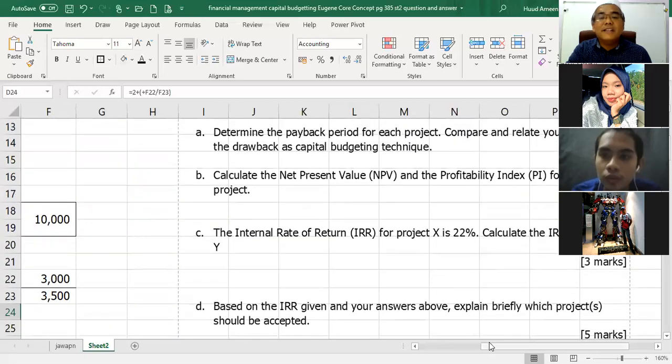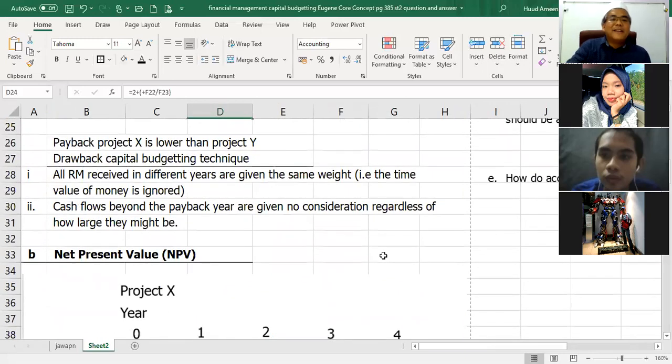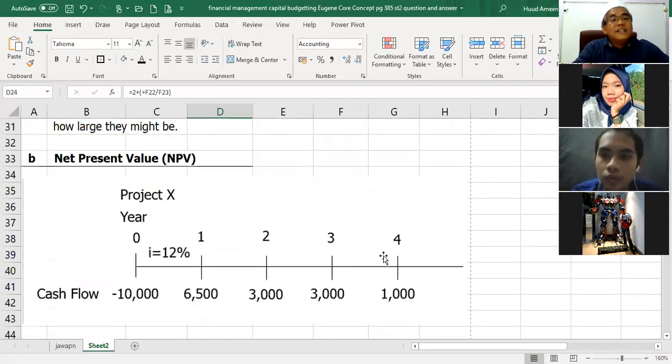Net present value is very easy. Net present value, very, very easy. This I like since I studied it in my previous year studies. So this net present value, for example, project X, you just draw year 0 as the initial investment, starting at the beginning of the year, for example, January.